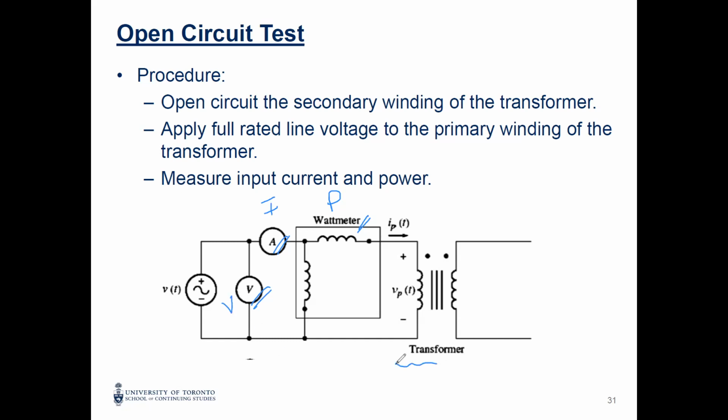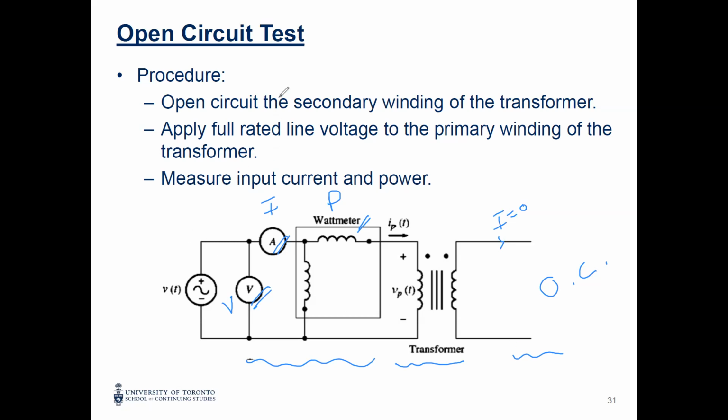Okay, this is your transformer. On one side of the transformer, you put the 3 meters. The other one will be open circuit, or sometimes we call it no load. No current here. I here is 0. Okay.